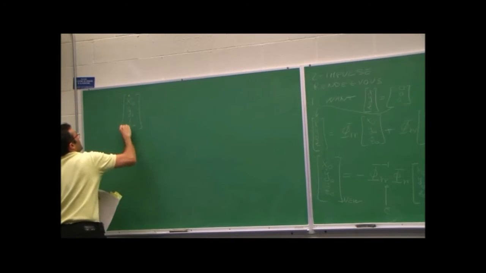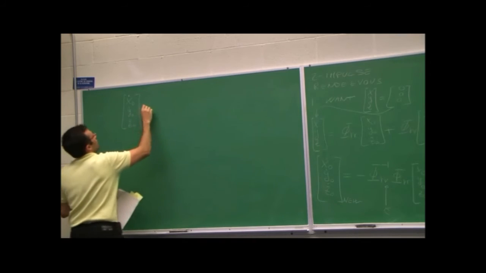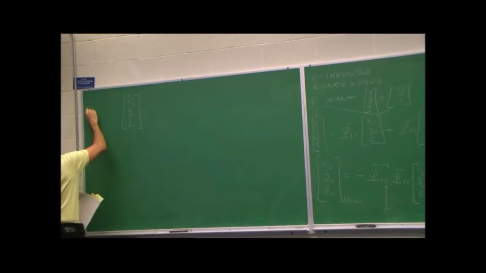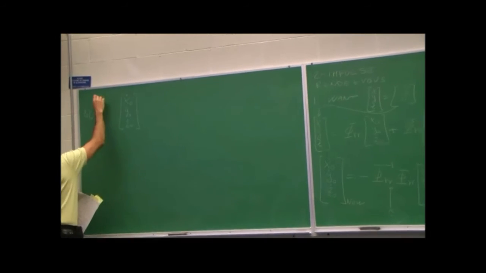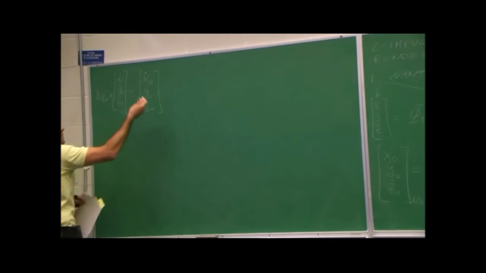Okay. But I don't like that, so I'm going to change it with a delta V. But this is based on CW equations, right? I'm going to change it doing this. Right? That's basically what I'm doing.